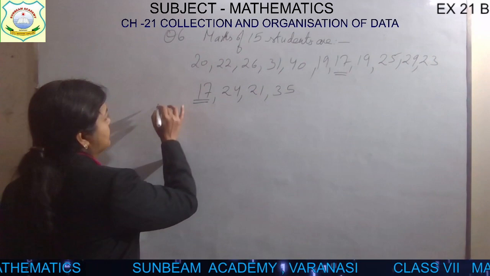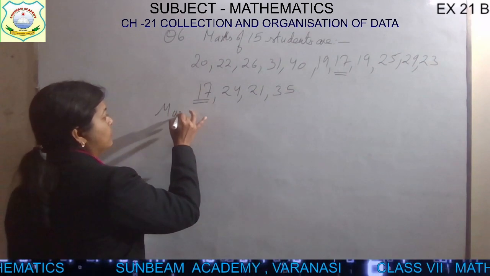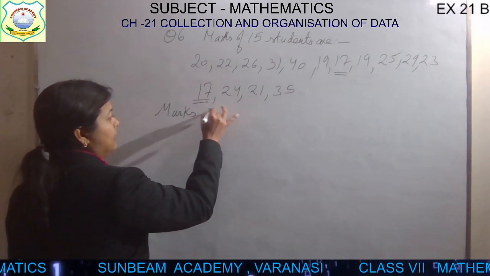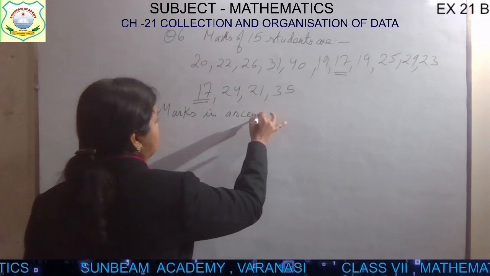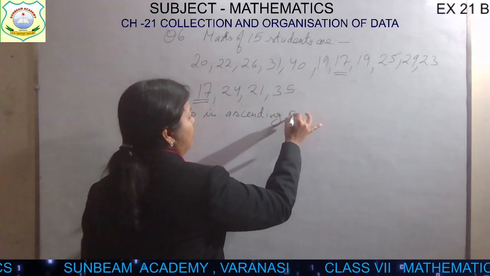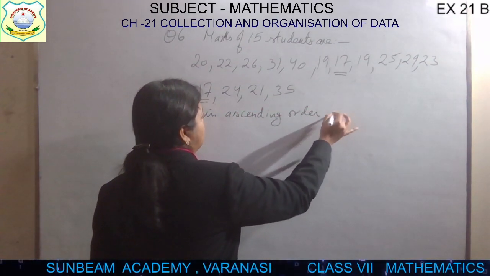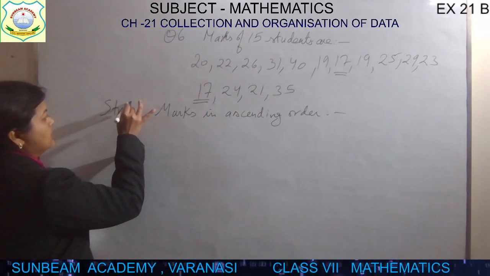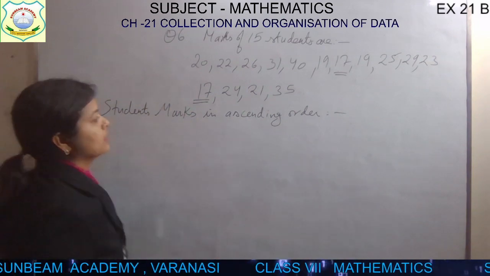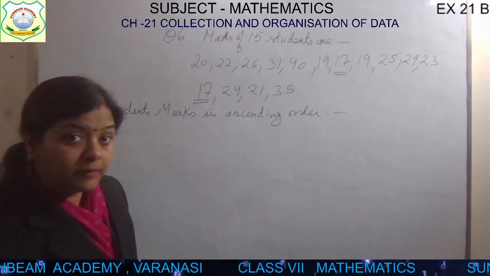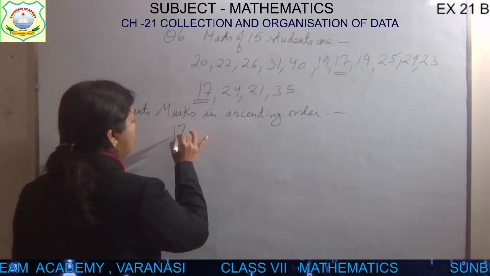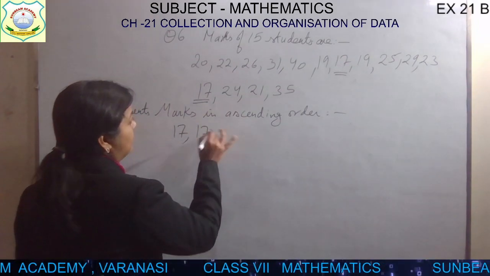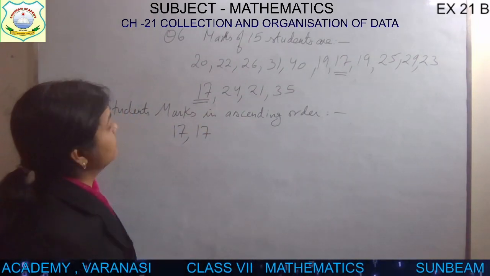So, data in ascending order, or student marks in ascending order. यहाँ पे आप लिखिए students marks in ascending order. क्या है बेटा? First we will write the lowest one, 17. लोएस्ट वन 17 दो बार आया है, दो बच्चों का है, 17 and 17.